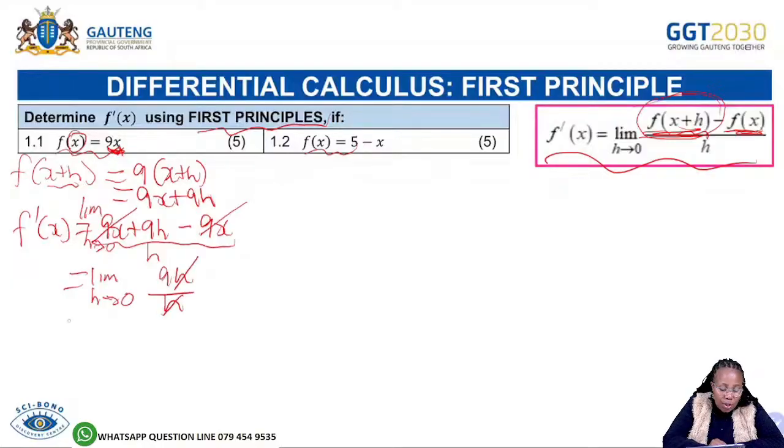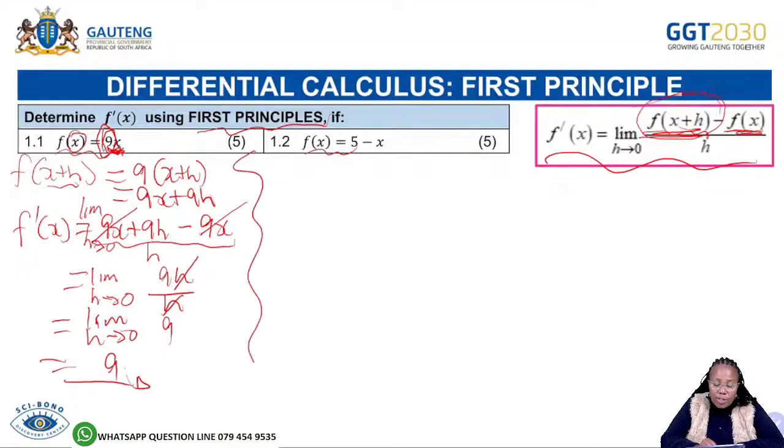The h into h goes once, limit of h approaching 0 of 9. Therefore, your answer is just the 9. Can you see this answer is exactly what is your coefficient? That is always the case, grade 12. Your answer will be the coefficient of x. For an example, if we predict this one, the answer will be minus 1.